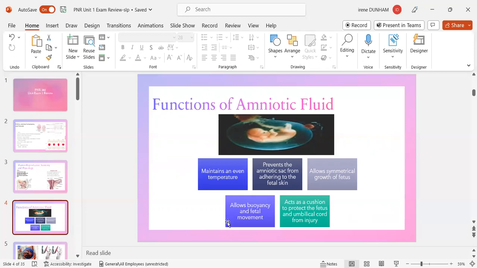And remember, the amniotic fluid is so important to the baby, okay? And you know, amniotic fluid is made out of urine from the baby. Okay, so again, it allows for fetal movement, and it also maintains body temperature of the fetus, and it surrounds, protects, and acts as a cushion for the fetus. Okay, do y'all have that?